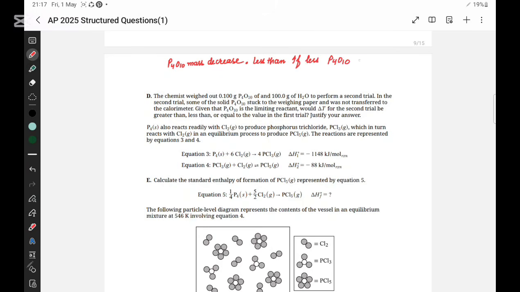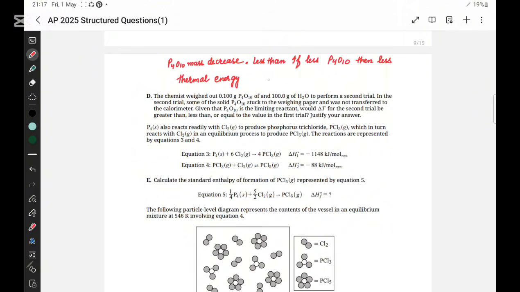Why is it less than? Because with less P4O10, less thermal energy would be transferred to the water, since the quantity of P4O10 is less now.